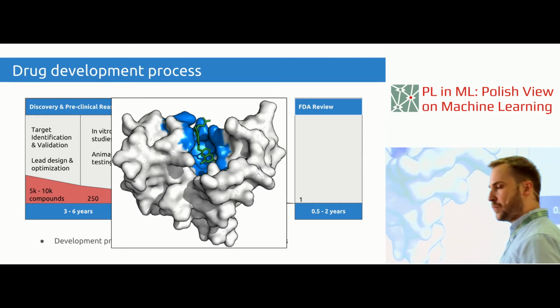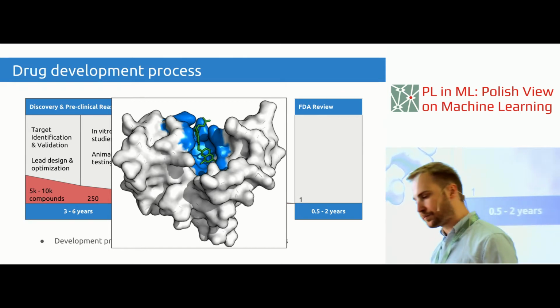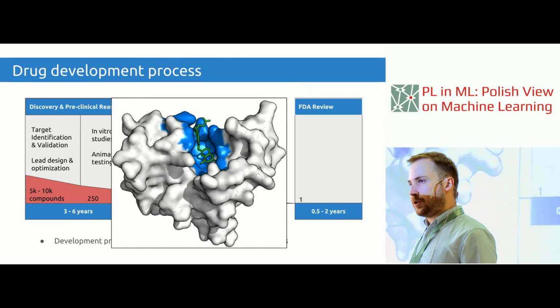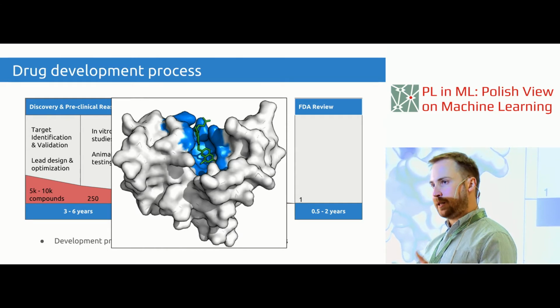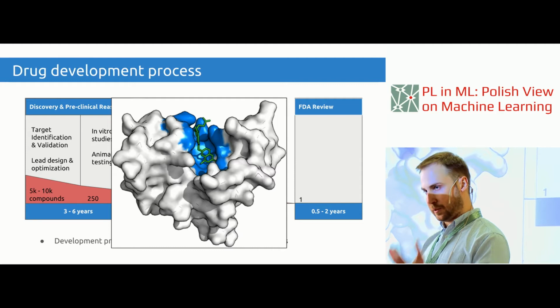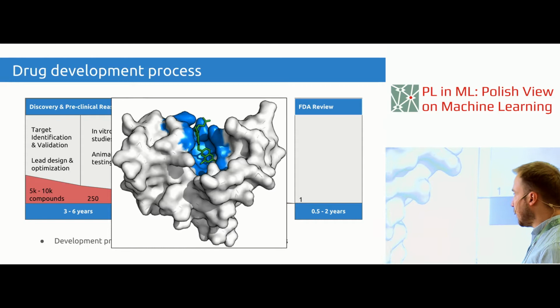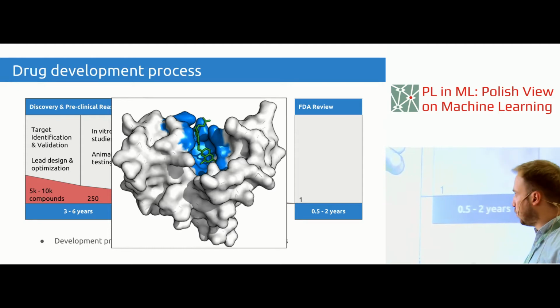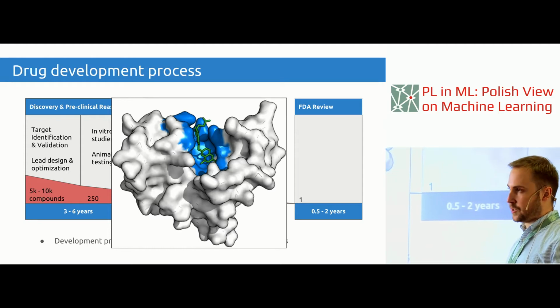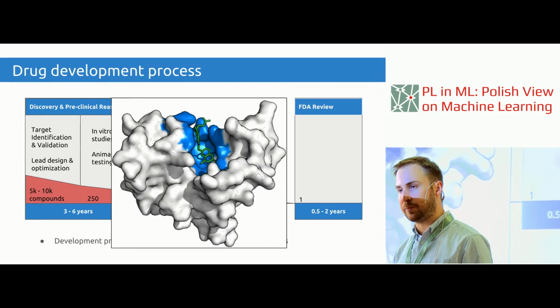And a lead is just a drug candidate. So this is this green guy in this blue pocket. And what we want to do is find a drug candidate that will bind with this target and reduce the activity of the protein target, and so slow down the disease process or stop the disease process at all.